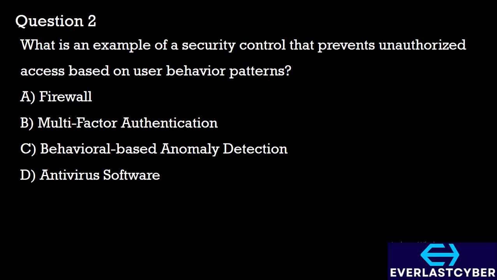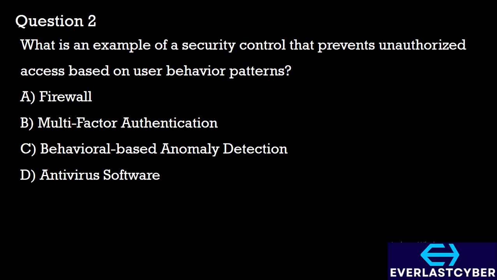analyze user behavior. Option B adds extra security layers, but it does not continuously monitor user behavior after authentication. In option C, behavioral-based anomaly detection is a type of technique that identifies suspicious activities by analyzing deviations from normal user behavior patterns.